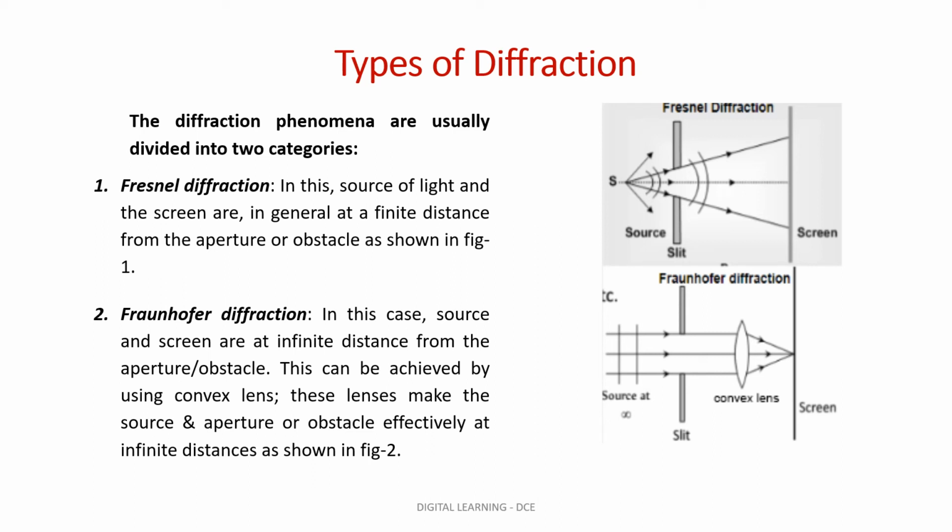Hence, we have spherical or cylindrical wavefronts. But if we observe the second picture, in Fraunhofer diffraction, since the distance between the source and the obstacle is infinite, the light forms a plane wavefront which has to be converged and brought to the screen using a convex lens, which is also shown in the second picture.